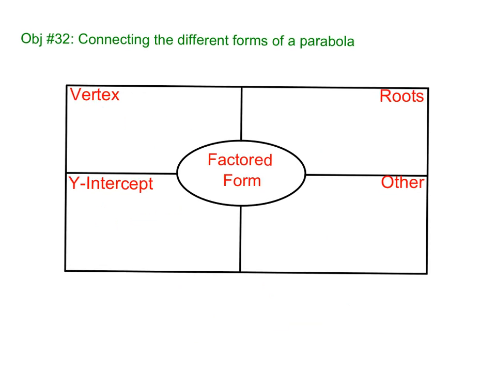All right, factored form. Y equals, I think I called this a, x minus n, x minus m. Oops. So how do we find the vertex? Find the roots. And average.